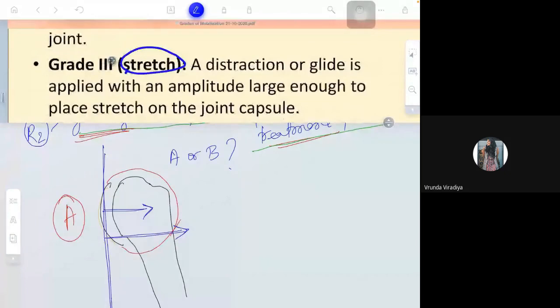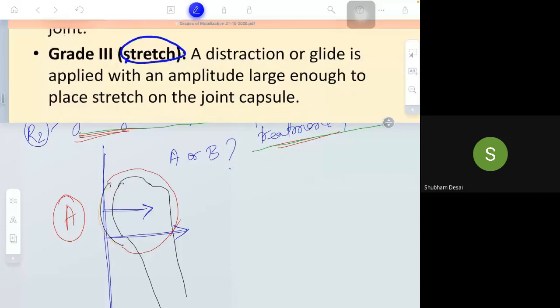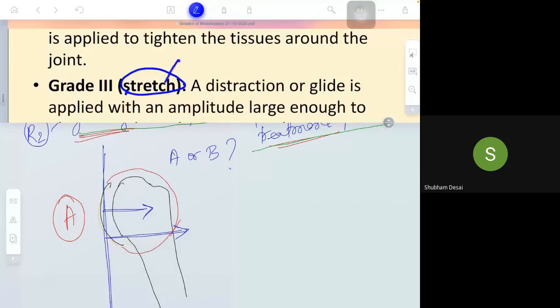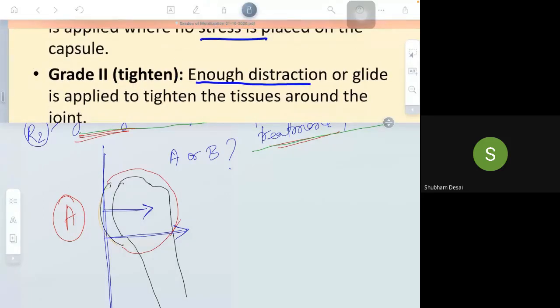Therapist, we can feel the stretch. When you are separating the joint, you will feel the restriction. You will feel the tightness of the capsule. That is called, sorry, this is grade 3. I'm talking grade 2.